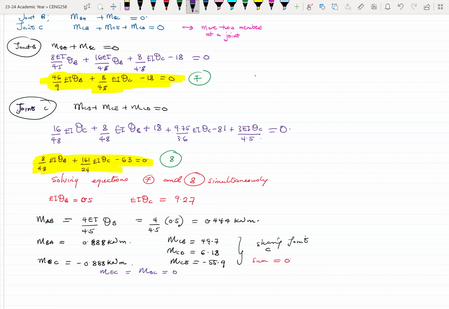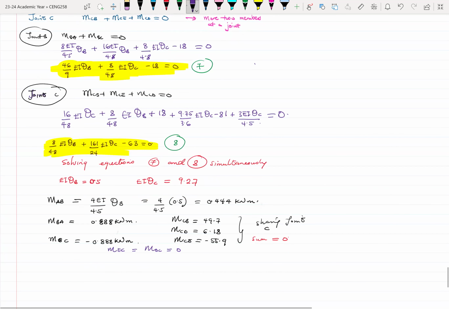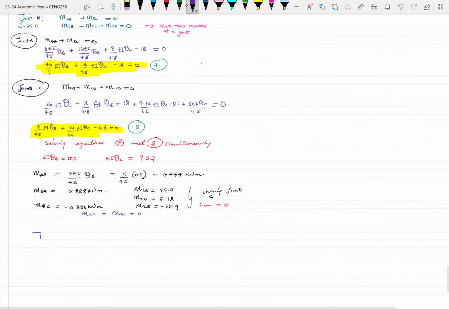So from here onwards, we say find reactions, and then draw diagrams.